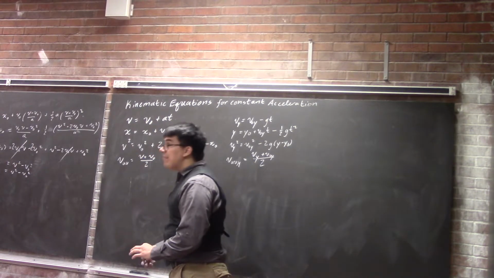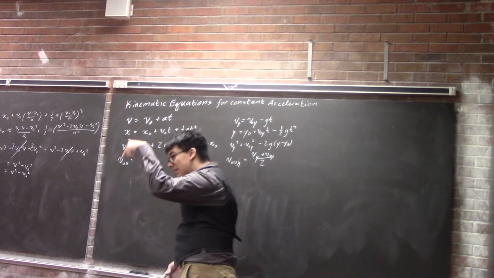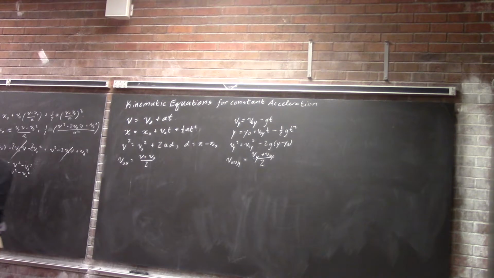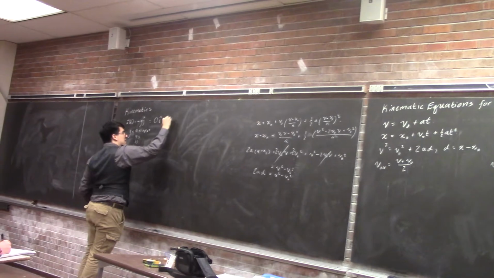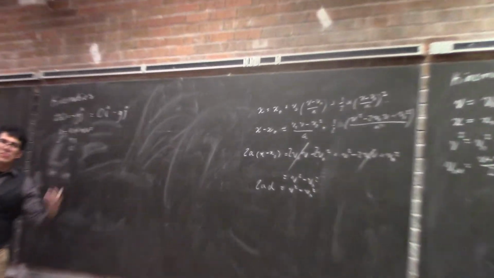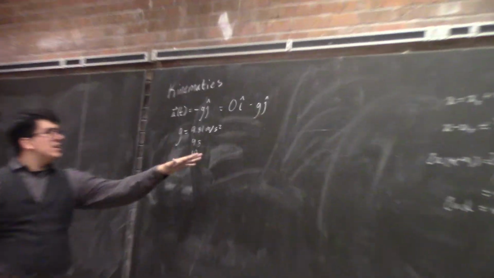And gravity will only affect the table in the y direction. It will move at a constant velocity this way. There is no acceleration in the x component. You can think of it like this too. You can think of it as 0 times i minus g times j, right? And that would probably help you see it a little bit more.